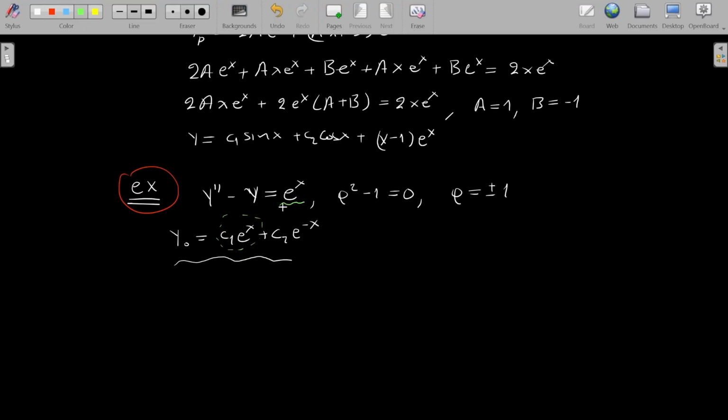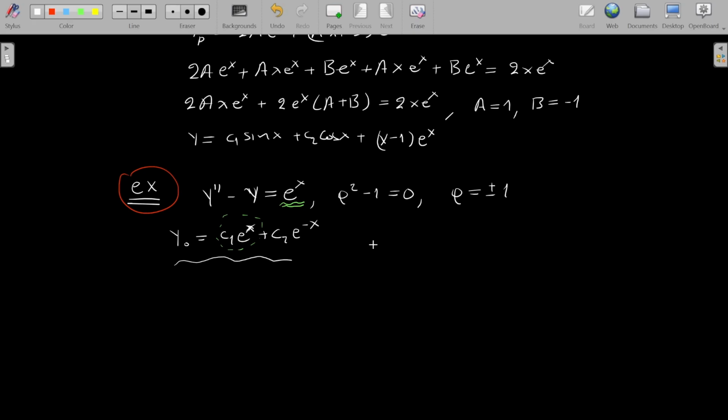Because this is the non-homogeneous part. But this is already in the general solution. So searching for a solution of the same kind is searching for a linearly dependent solution. It's not going to help us at all.